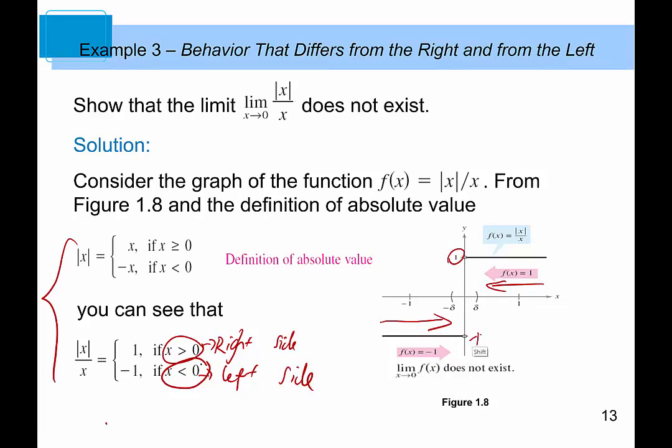This is negative 1 right here. And these two numbers do not converge, meaning they're not the same. So the limit of f of x as x approaches 0 does not exist for this particular function.